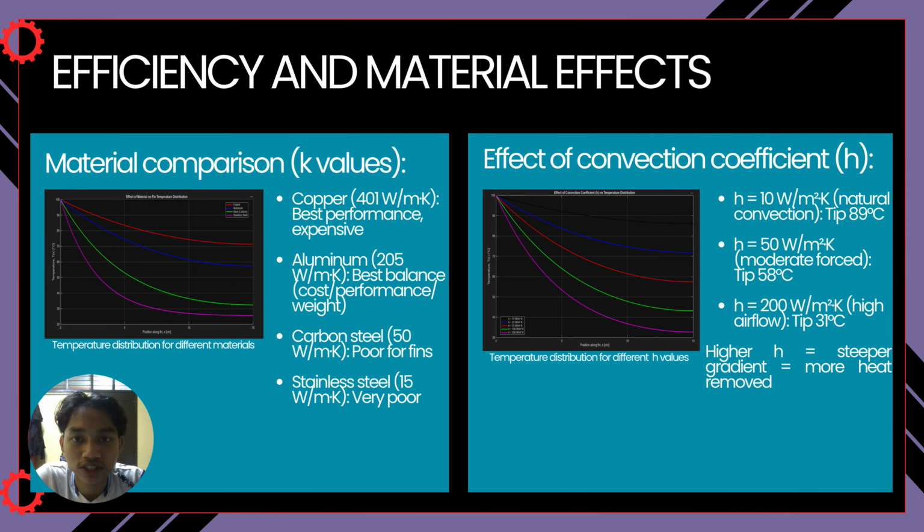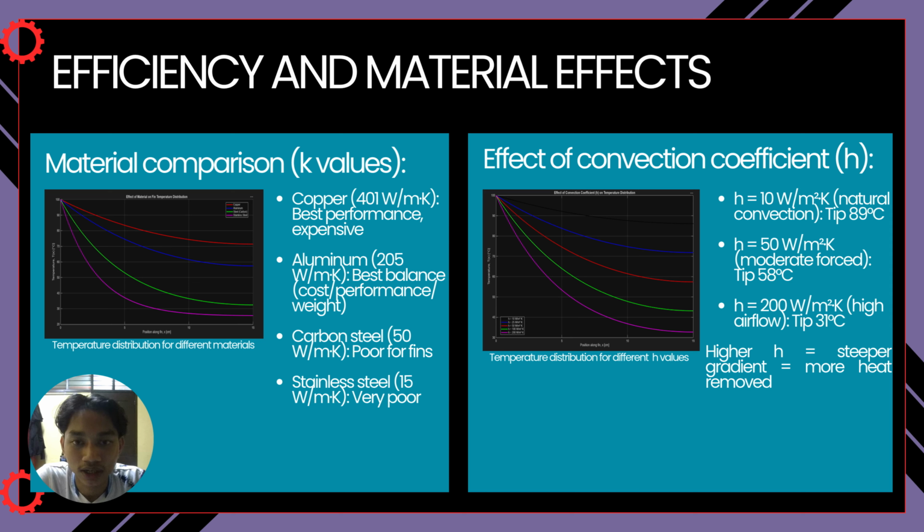Let's move to the efficiency and material effects. First, material comparison based on thermal conductivity. We have copper, with a thermal conductivity of 401 watt per meter Kelvin. It has the best performance, however copper is relatively expensive. For aluminium, the thermal conductivity is 205 watt per meter Kelvin.